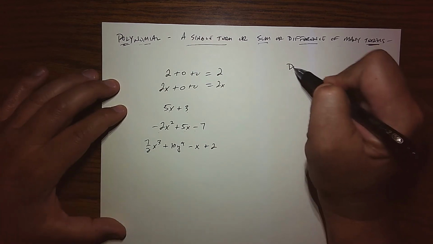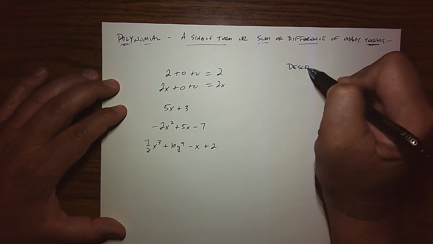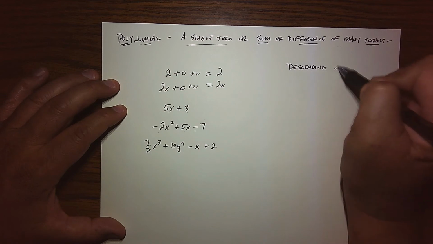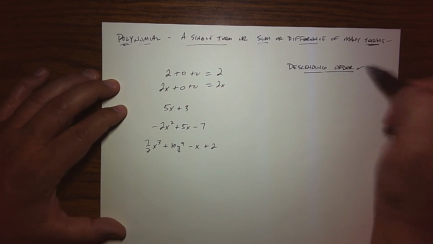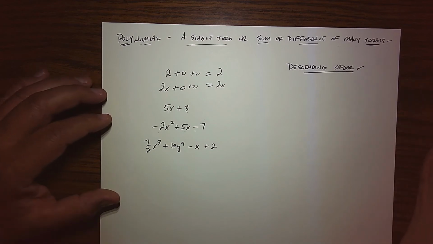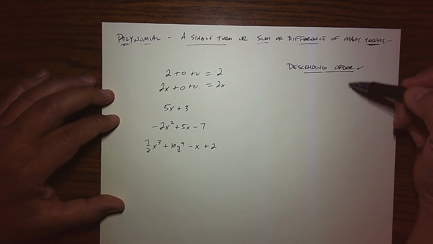The first one I want to go over with you is this concept of descending order. This is a really important thing to do because you can identify the next couple of items relatively easily if you're in descending order.